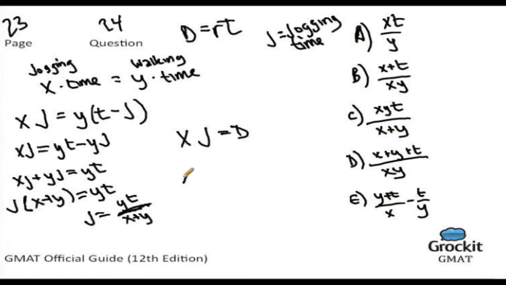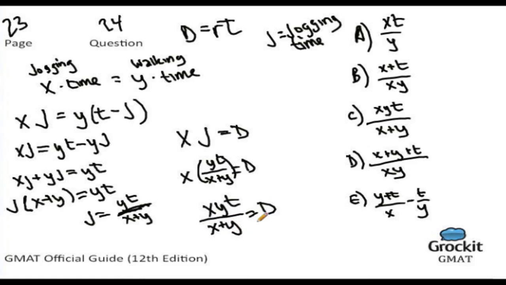So we have x times yt over x plus y equals d. And then we just include this all in the numerator. So x times yt times this quantity, that ends up being xyt over x plus y equals that distance, which is choice C.